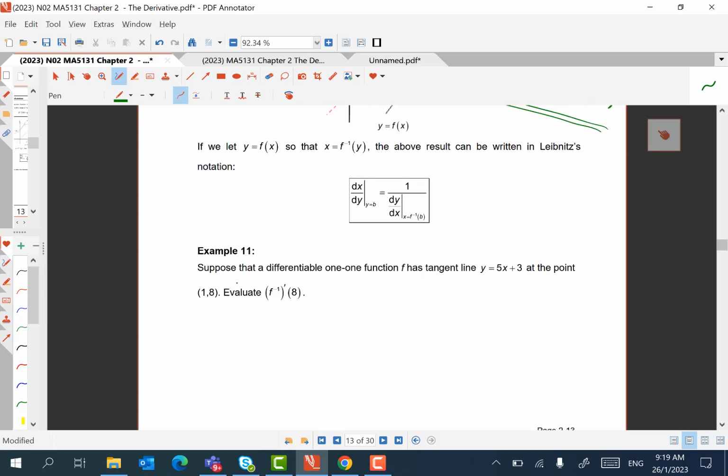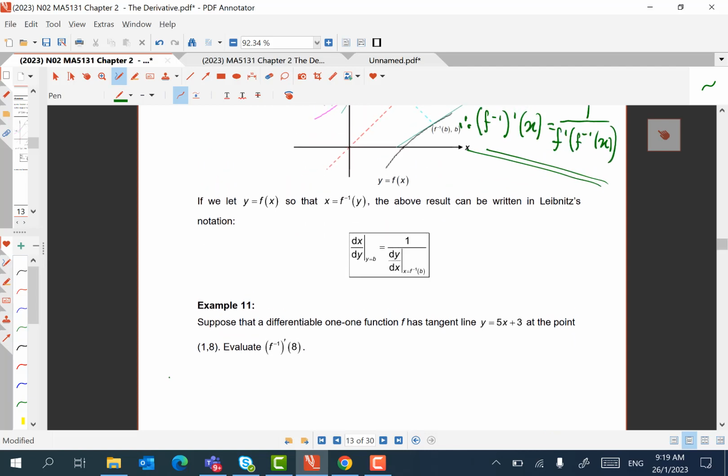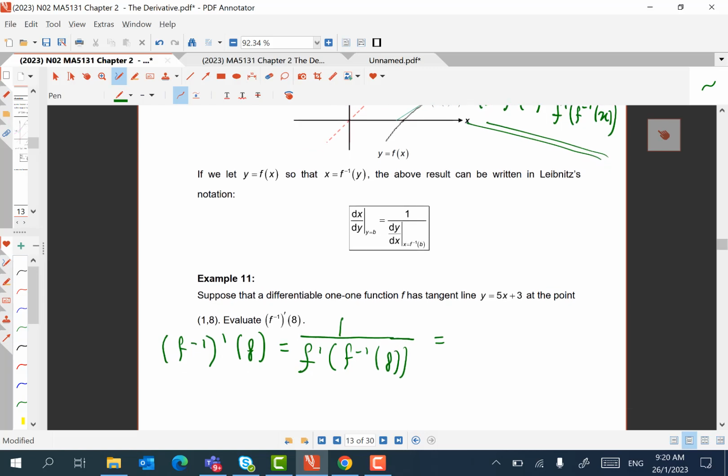Number 11. How do you do 11? Using the green color, we will say that the derivative of the inverse at 8 is equal to 1 over f prime of f inverse 8.